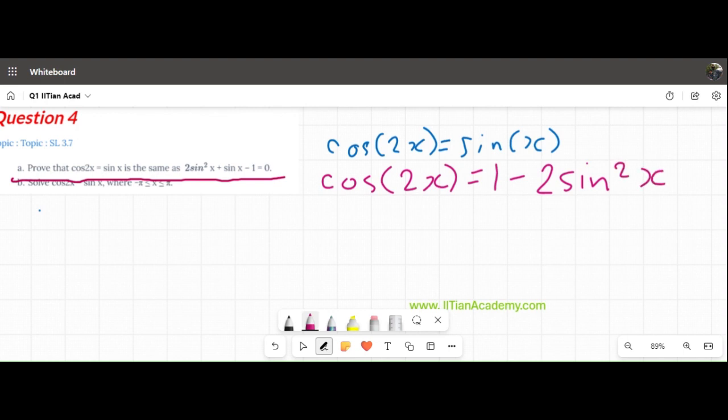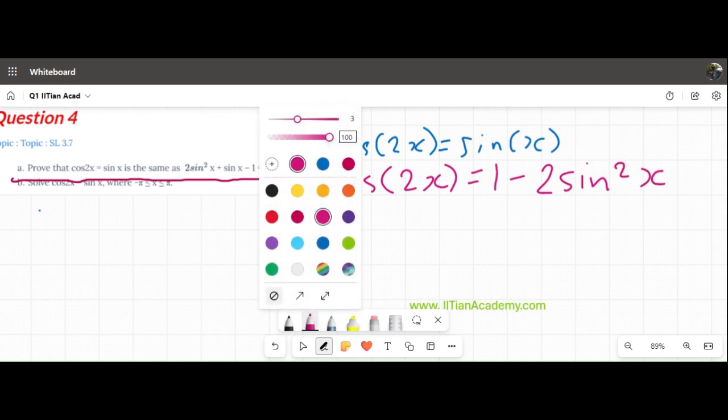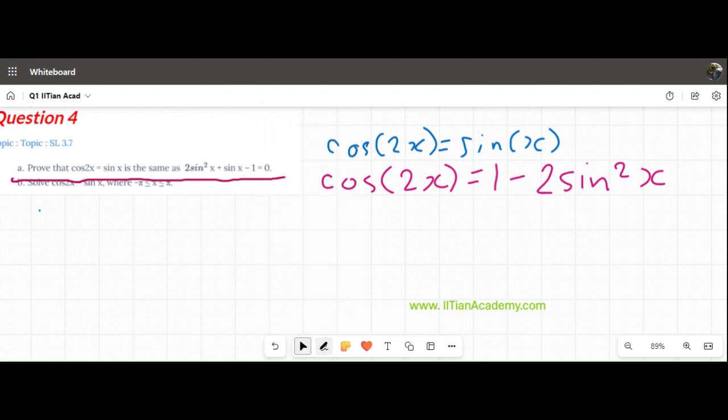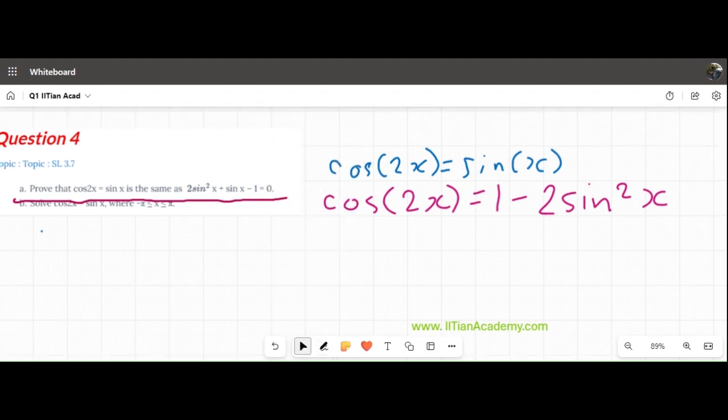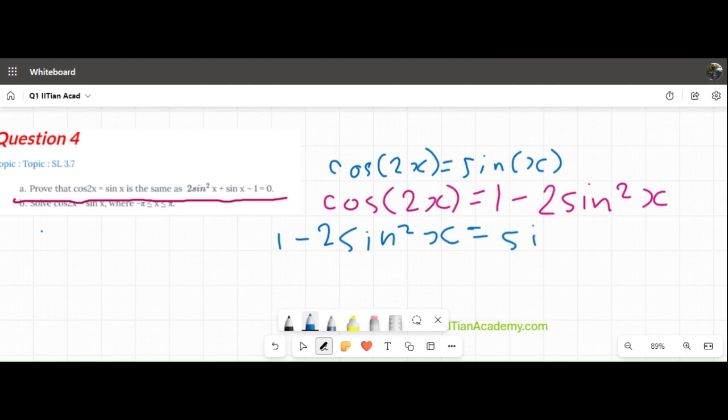squared x, okay? And if we substitute this identity into our initial equation, we'll find that 1 minus 2 sine squared x is equal to sine x.